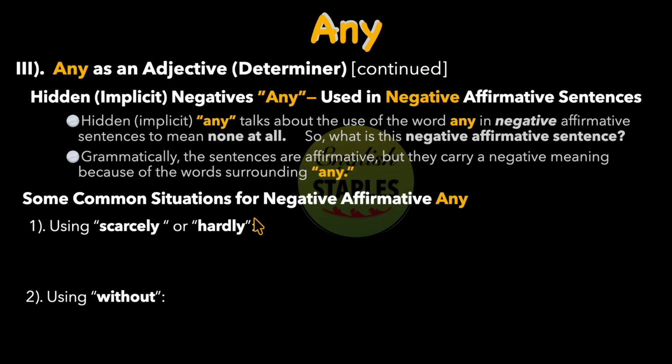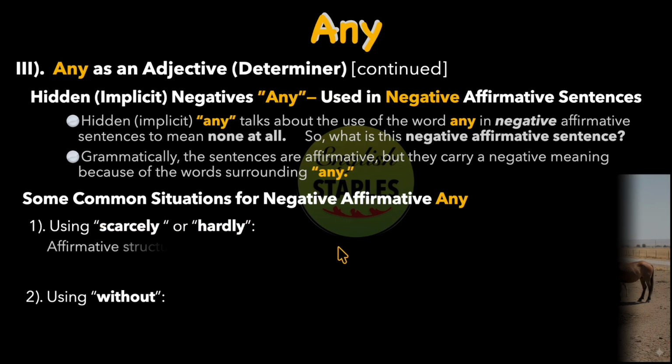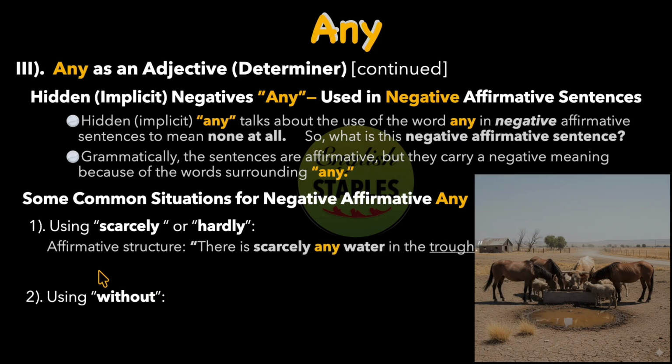Here are some common situations for negative affirmative any. Affirmative structure. So the sentence is an affirmative sentence. There is scarcely any water in the trough. It's affirmative because there is no presence of the word not.